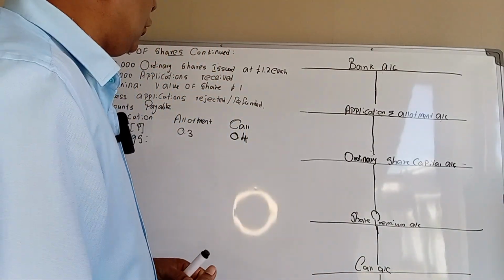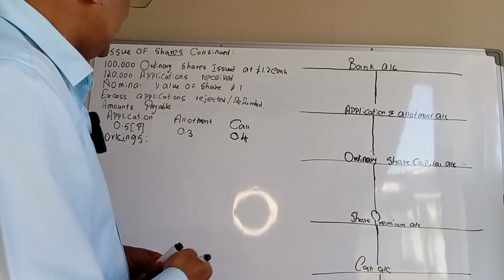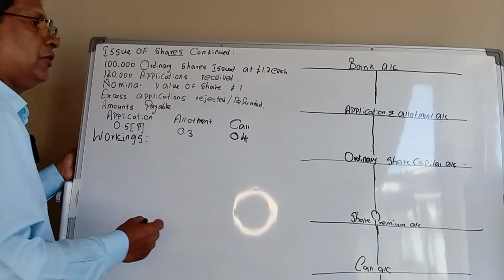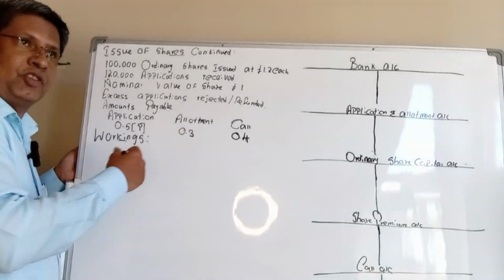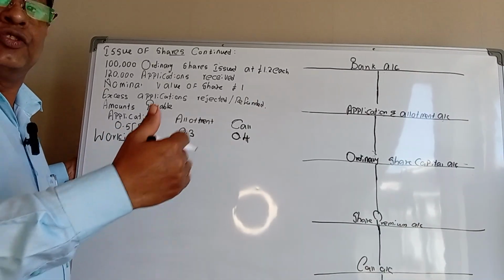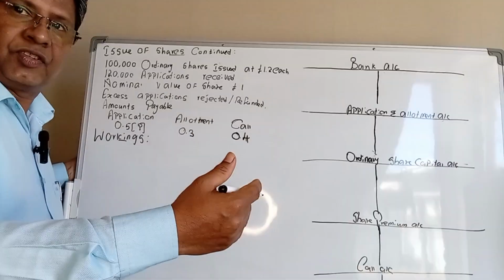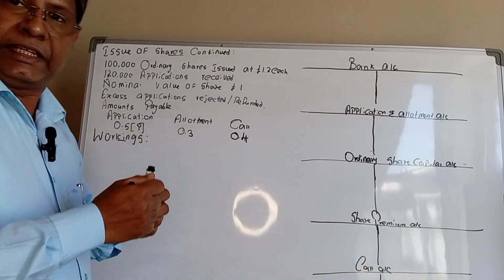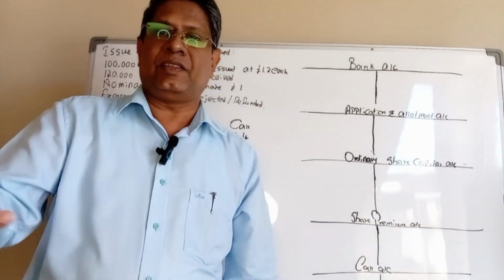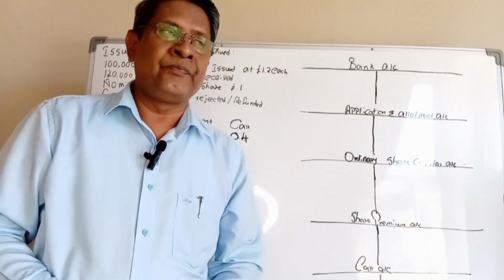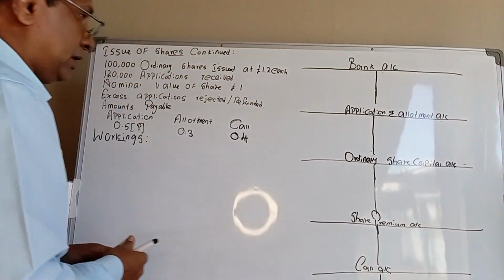To take you through, it's always good to have some workings because we are at the start of our unit. When we do many past paper questions and see how it is done, we'll get experience, and then we can straight away do our calculations for the accounts.